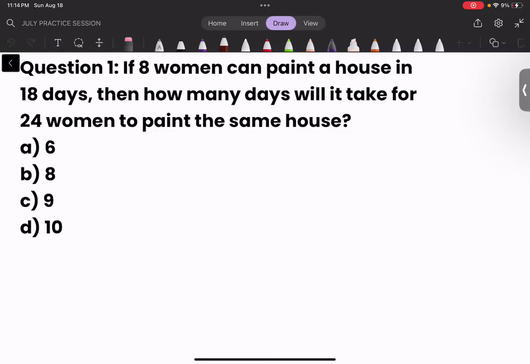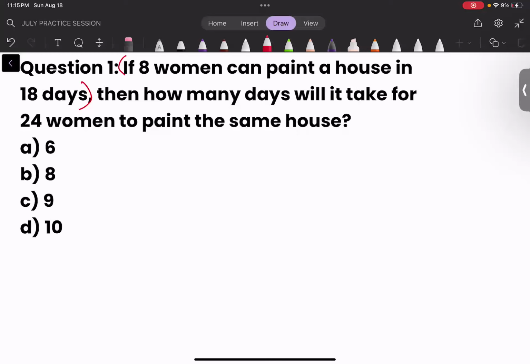All right. Okay. Please carefully answer. Can you understand this? If 8 women can paint a house in 18 days, this is one situation.